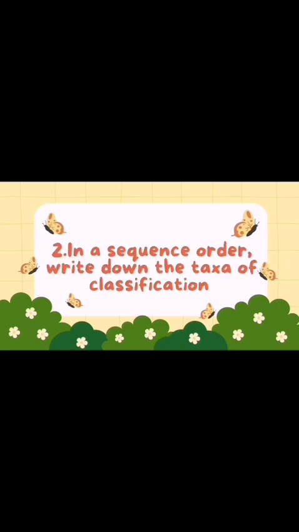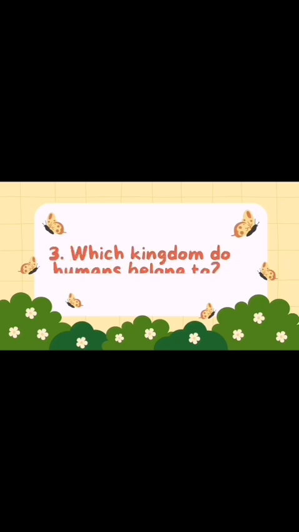The second question that we have, in sequential order, you have to write down the taxa of classification with regards to the living organisms that we did. The third question that we have, you have to tell us the kingdom to which humans belong.